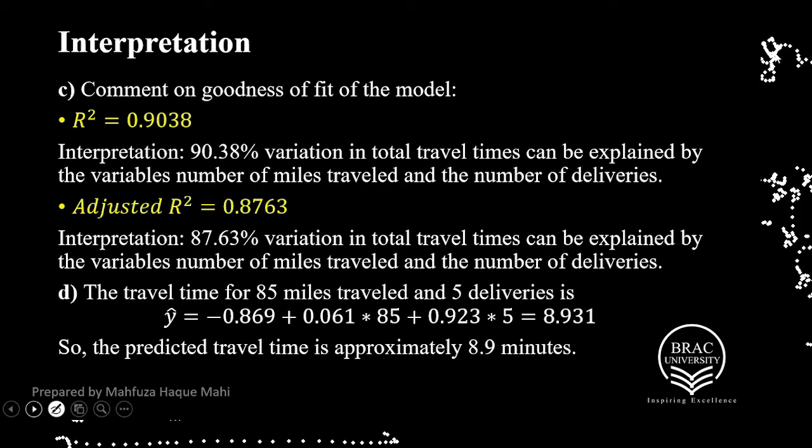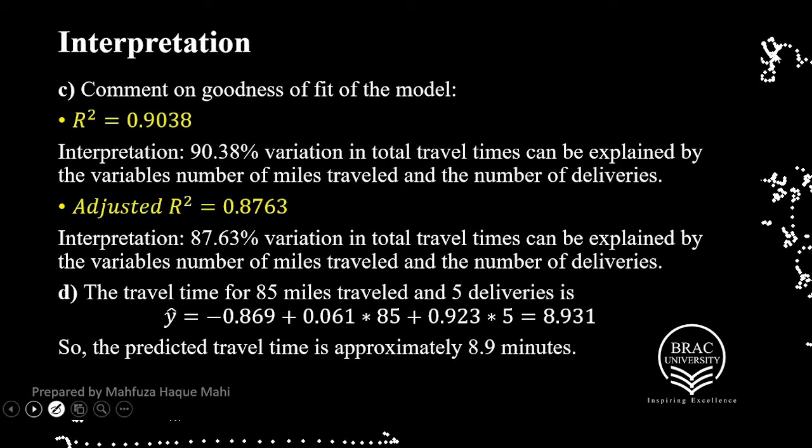From adjusted R square, we see that the value is 0.8763, which means 87.63% variation in total travel times can be explained by these variables. The values of R square and adjusted R square are quite large here, so this model provides a good fit.